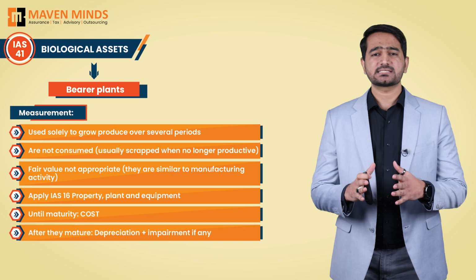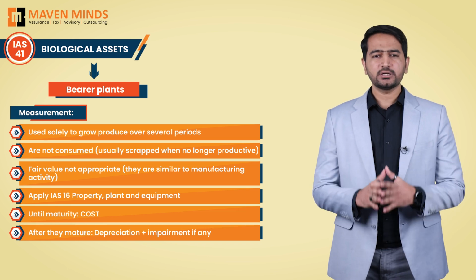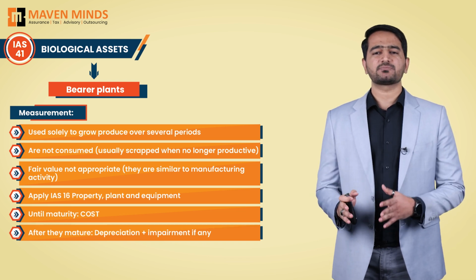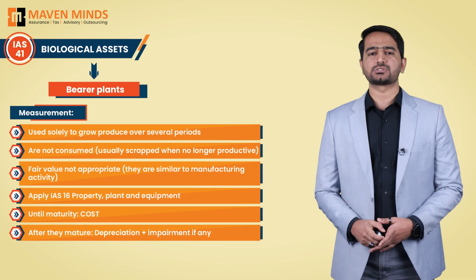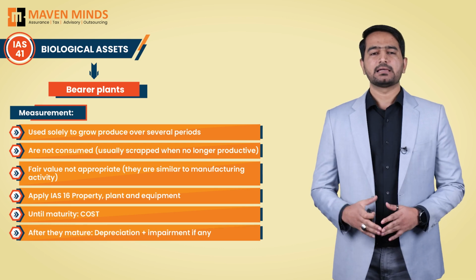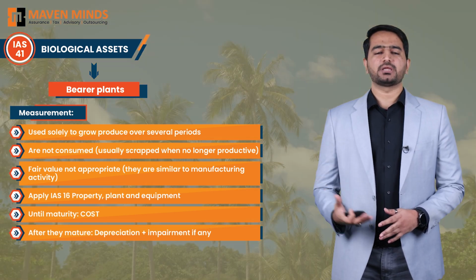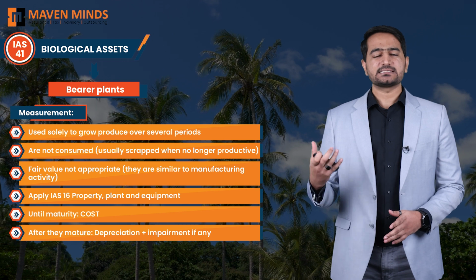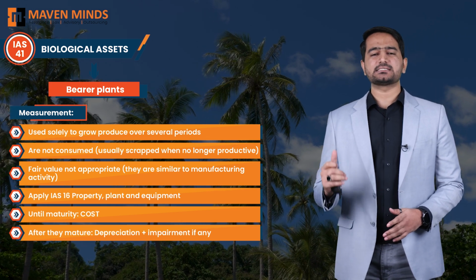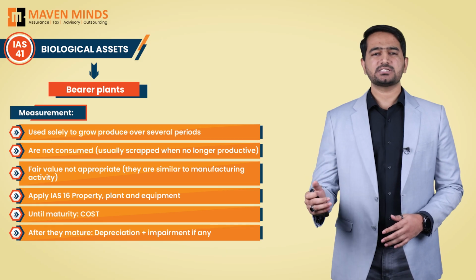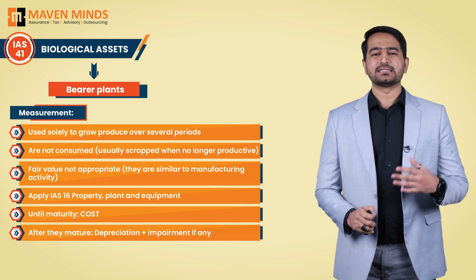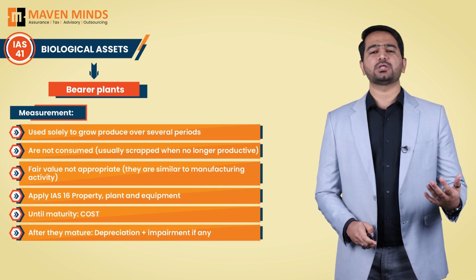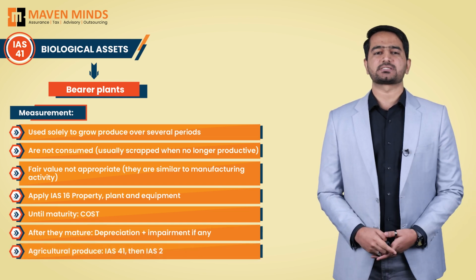But, and this is important, don't confuse the bearer plants with their agriculture produce. For example, let's say you have a coconut tree. The tree itself is measured under IAS 16. But once you harvest the coconuts, they are treated under IAS 41 at the point of harvest.